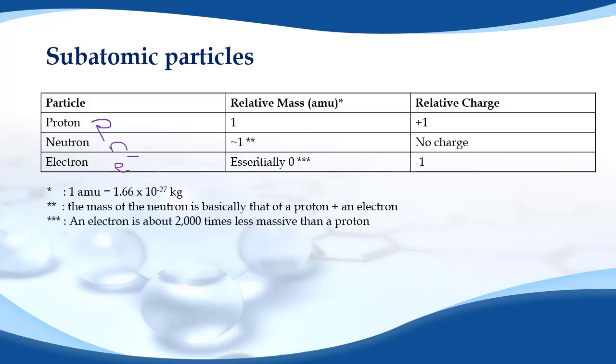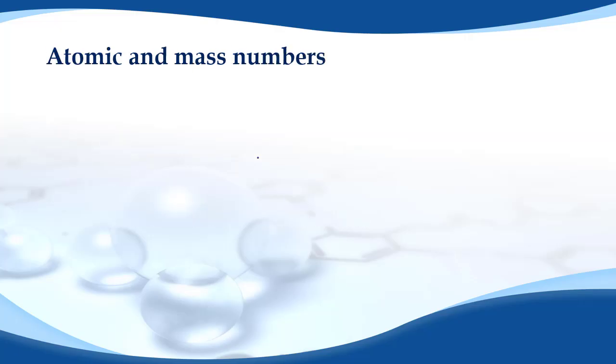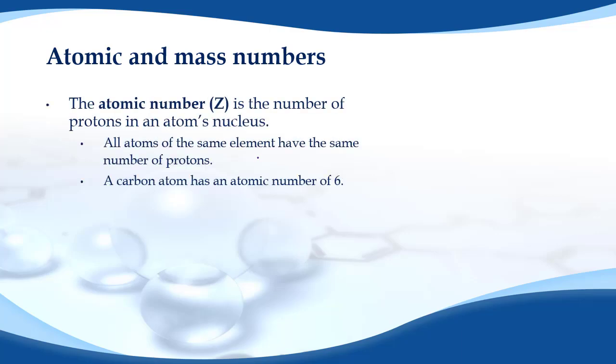Now remember, the nucleus of an atom is composed primarily of protons and neutrons. We're going to need to know that for what comes up next. So here's how we're going to talk about writing notations for these. We're going to work with two different numbers. The first number is called the atomic number.